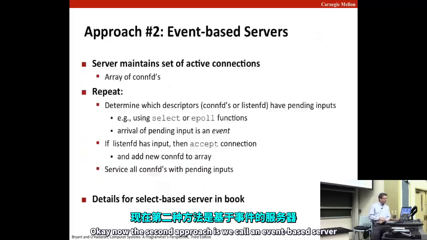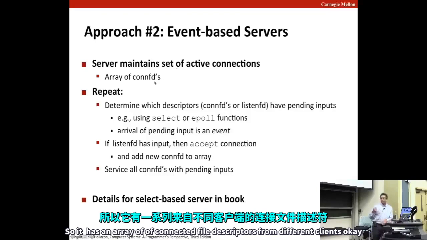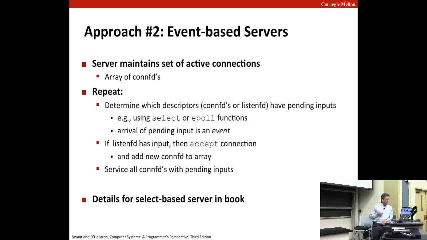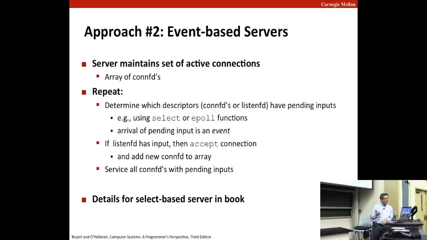Now, the second approach is what we call an event-based server. The idea here is that the server maintains a set of active connections. It has an array of connected file descriptors from different clients, and it also has a listening descriptor.